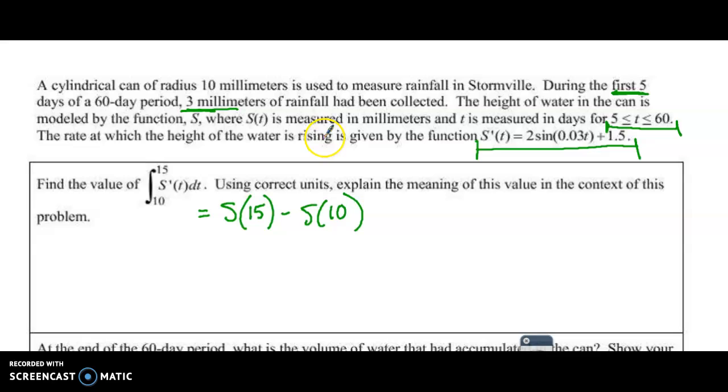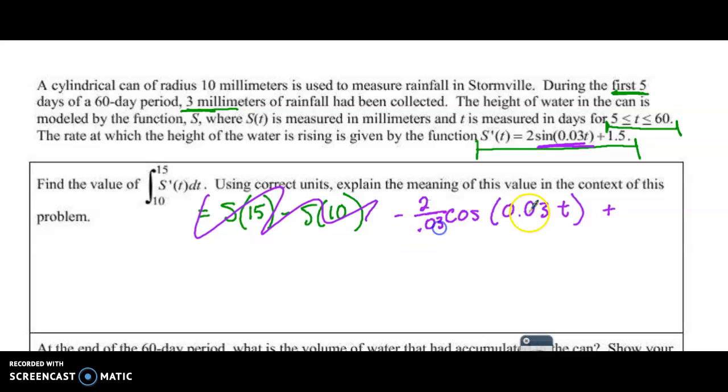I guess I should point out that you could do this because we do know the antiderivative of sine is negative cosine. We'll cross that off still. Negative cosine of 0.03t. I also have to think of the chain rule here. Let me move this in front. 0.03.